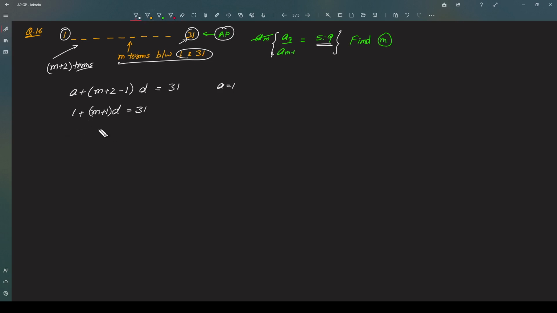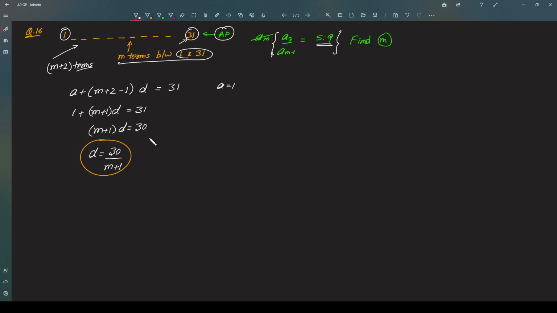That means (m plus 1) into d is 30, so you have the value of d in terms of m. D is 30 divided by m plus 1. Obviously it is in terms of m at present because we don't have all the data right now.